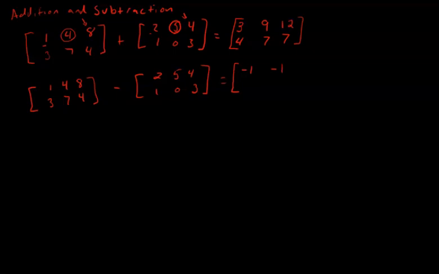And then 8 minus 4 is 4. Then we have 3 minus 1, which is 2. 7 minus 0, which is 7. And 4 minus 3, which is 1. So again, element to element, they just match up and subtract. So element 1, 1 from the first matrix, subtract element 1, 1 from the second matrix.